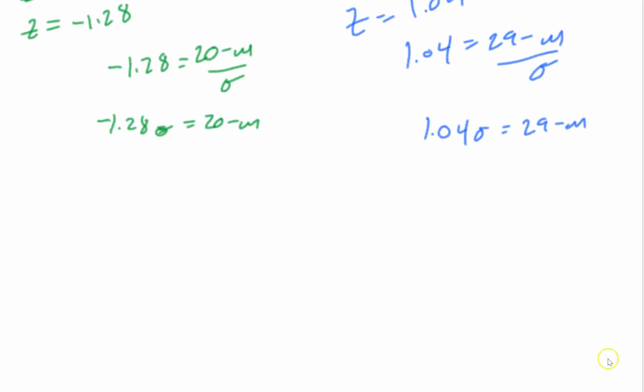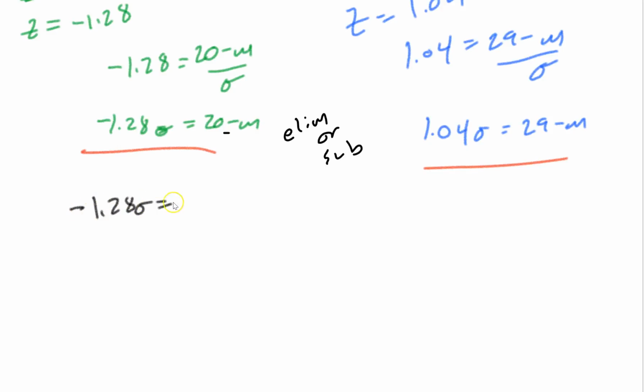So we get to this point, you're like, okay, how do I solve this? I have two variables and two equations. And this is where I get mad at you and say, remember algebra 2. Two unknowns, two equations. You could do elimination or substitution, right? Either way works. I've always been a fan of elimination. You can do either one. I'm going to do elimination here also. So I'm going to have negative 1.28 theta equals 20 minus mu. I'll rewrite this one here also. 1.04 theta equals 29 minus mu.